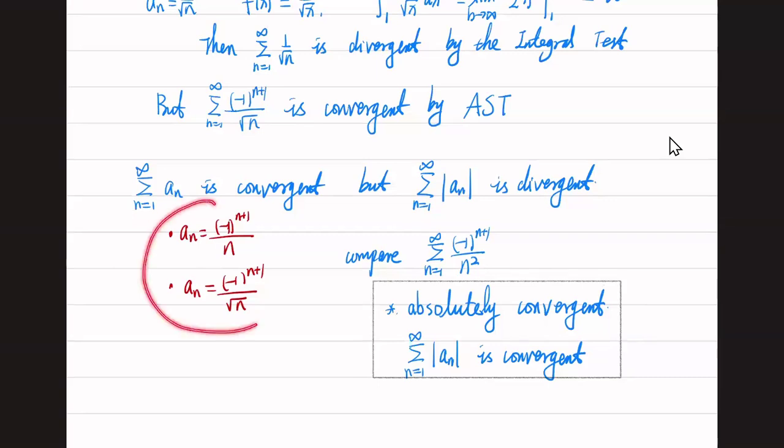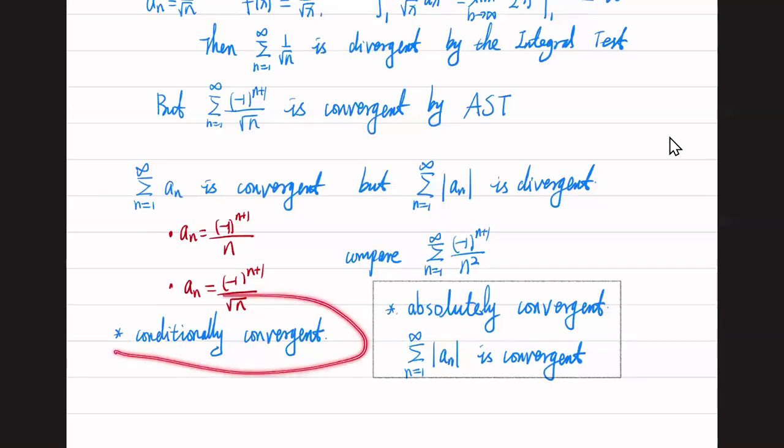Unlike the previous one. Previous one, if we take absolute value, it goes to divergent. We call it conditionally convergent. The difference between this is very subtle.